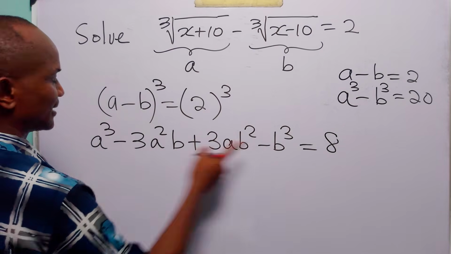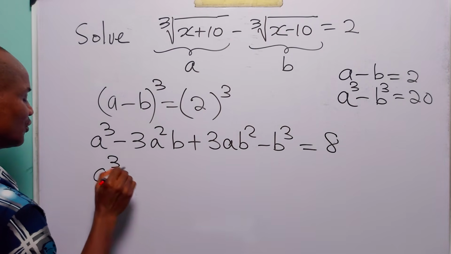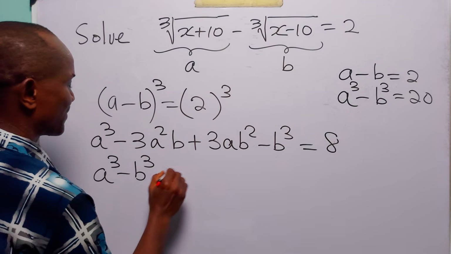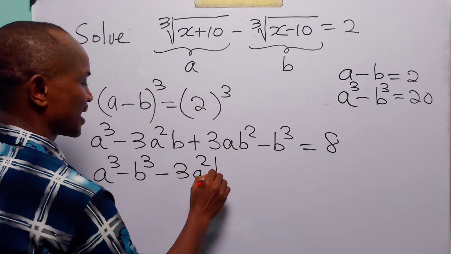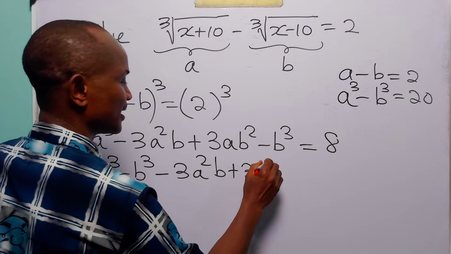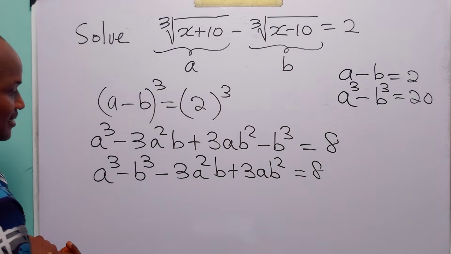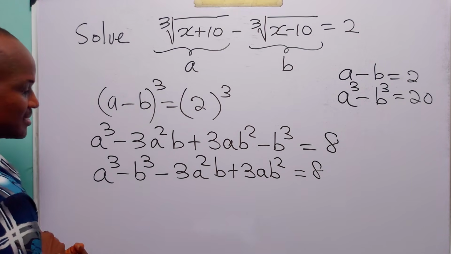Now let us collect like terms. We have a cubed minus b cubed. Then we have minus 3a squared b plus 3ab squared, and this is equal to 8. Now we can factorize this.